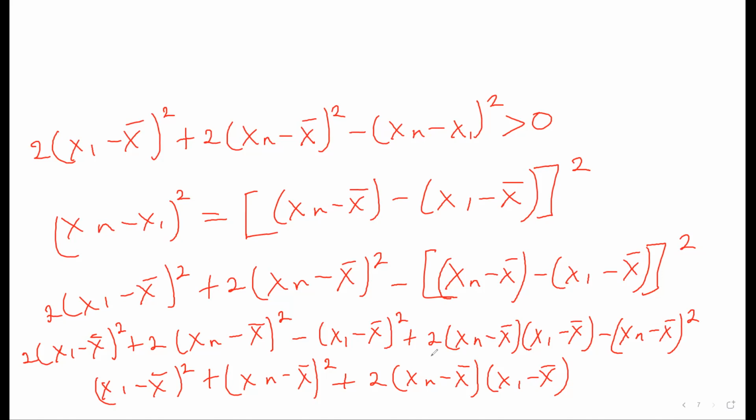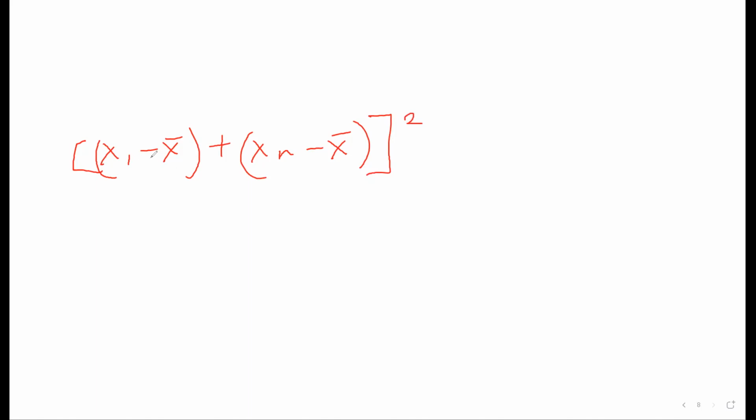So if I collapse this equation together now, like when you have a plus b all squared, it has been expanded, but if you contract it, collapse it down, you are going to have (x1 minus x bar plus xn minus x bar), all squared.